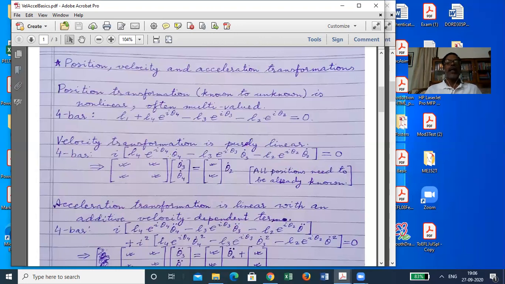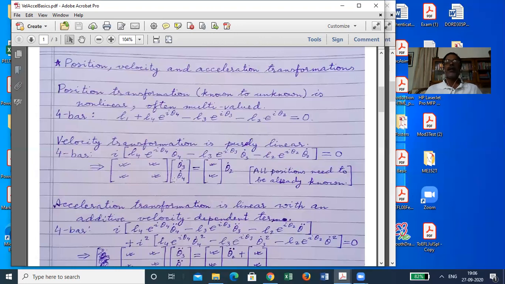Therefore this linear relationship you can always organize in this manner when you resolve this into real and imaginary components. Finding the coefficients of theta 3 dot, from here you fill the first column.